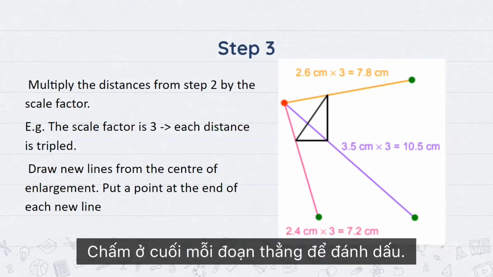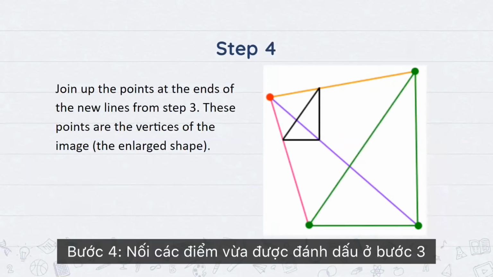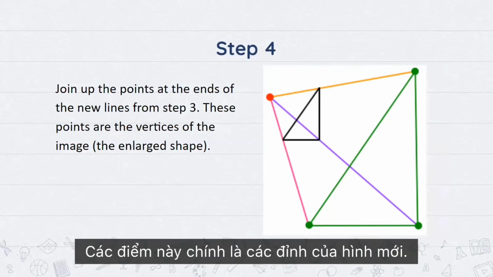You put a point at the end of each line to mark it. And step 4, the final step, is joining up the points at the end of the new lines from step 3, and these points are the vertices of the image.